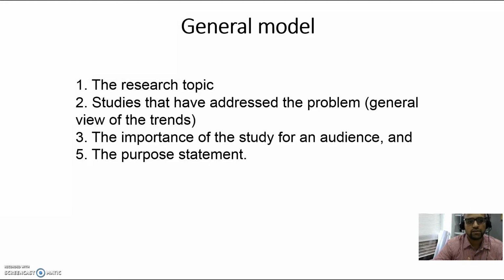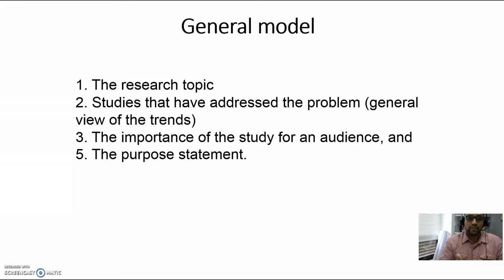So first, you have a research topic, and once you choose it, you talk about the studies that have addressed the problem in a general way. That is to say, in the literature so far, in general, what can you tell? What do we find about this discussion?